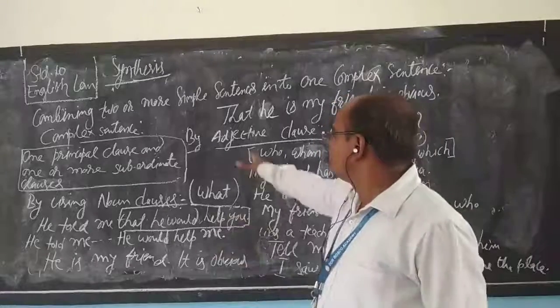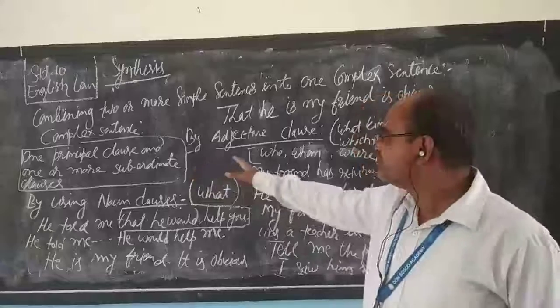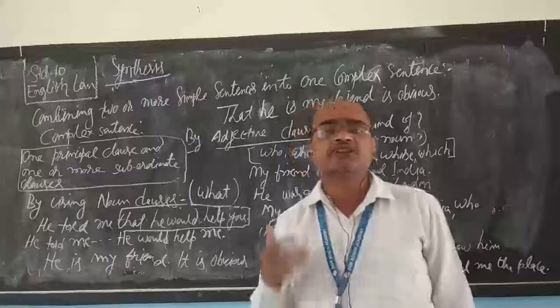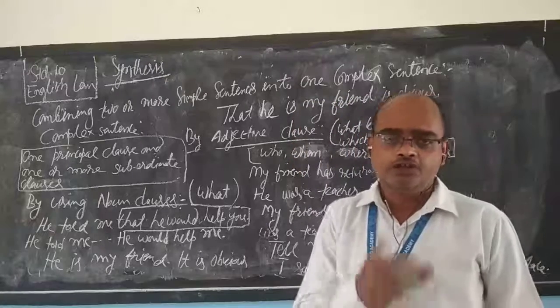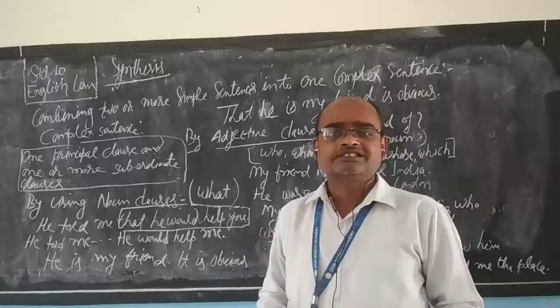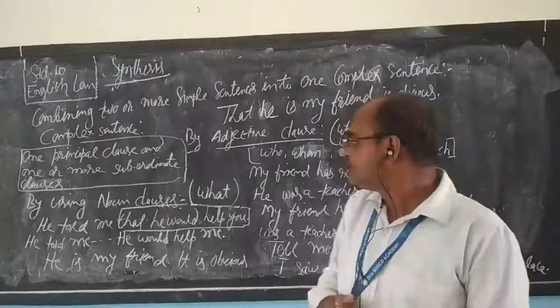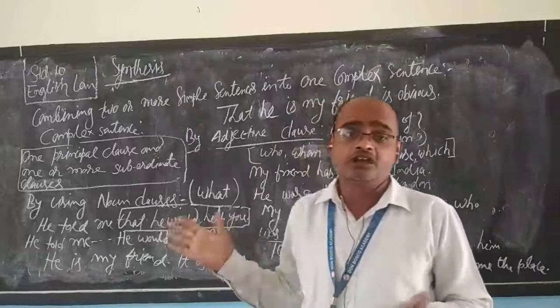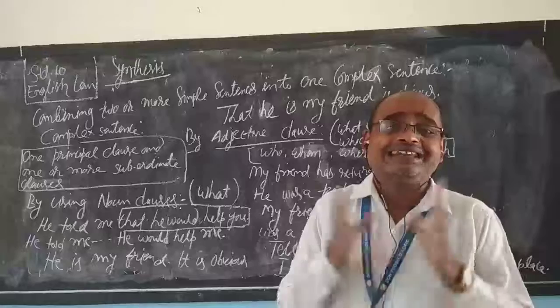Now let's come to the second rule, that is by using an adjective clause. By using an adjective clause, you can also join two or more simple sentences into one complex sentence. So what is an adjective clause? This clause works like an adjective.